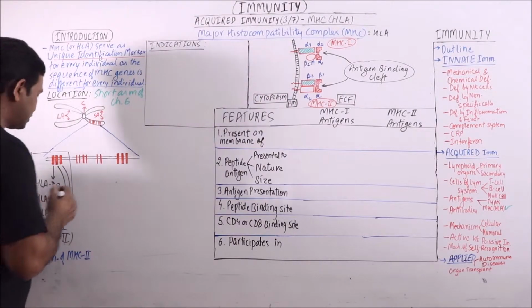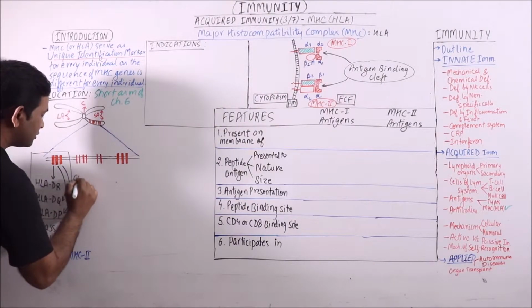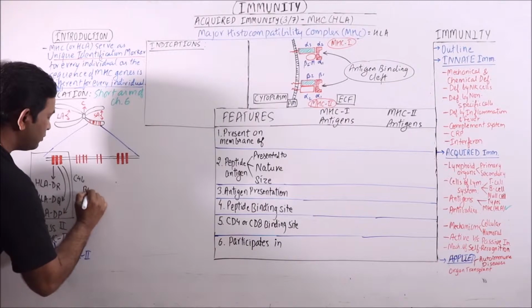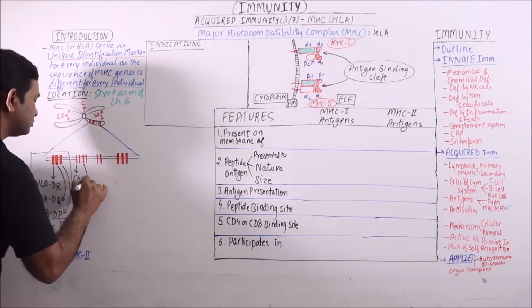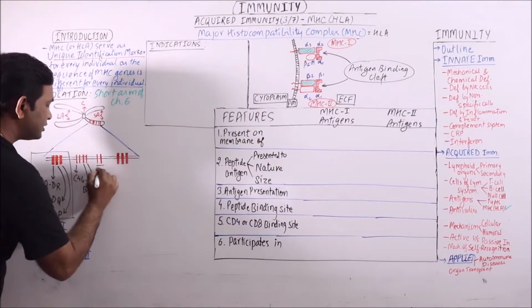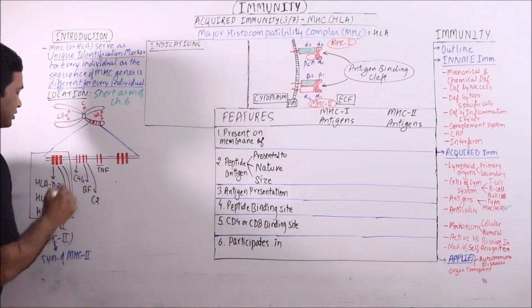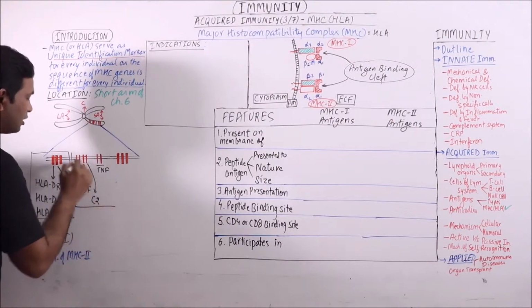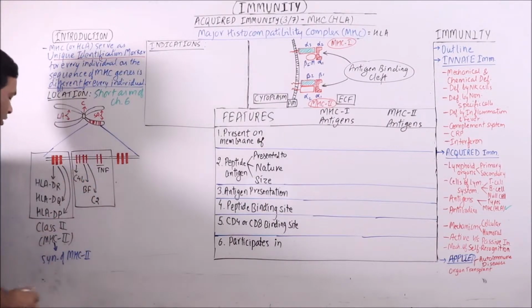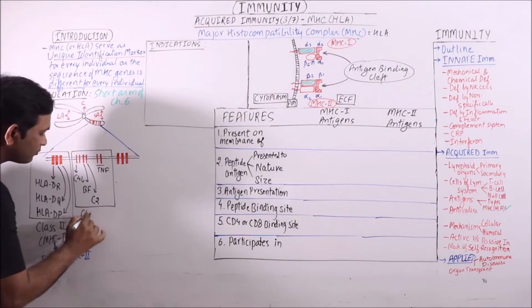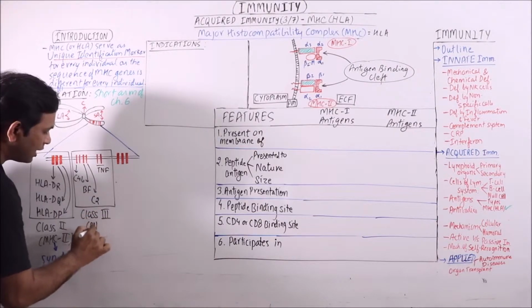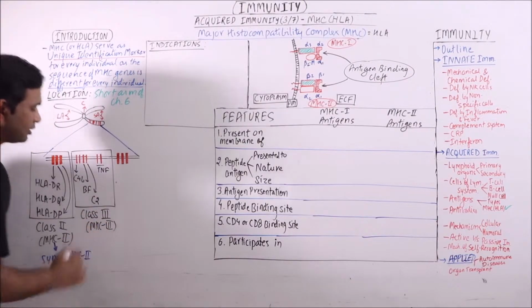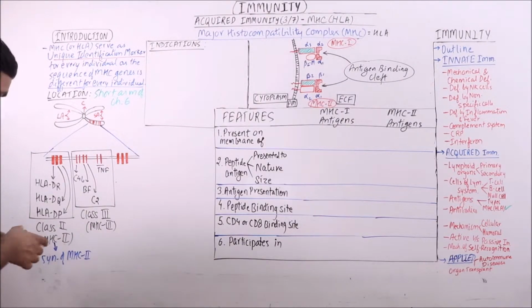Now this is another cluster, C4b, BF, C2, etc. And this is the TNF complex. So these 2 sets are forming another cluster, that is class 3 or MHC3 gene complex.